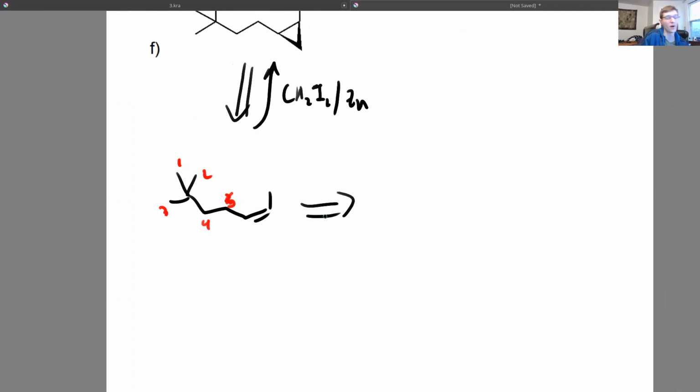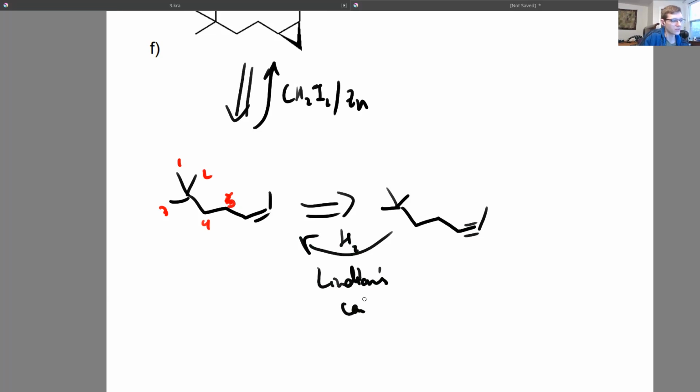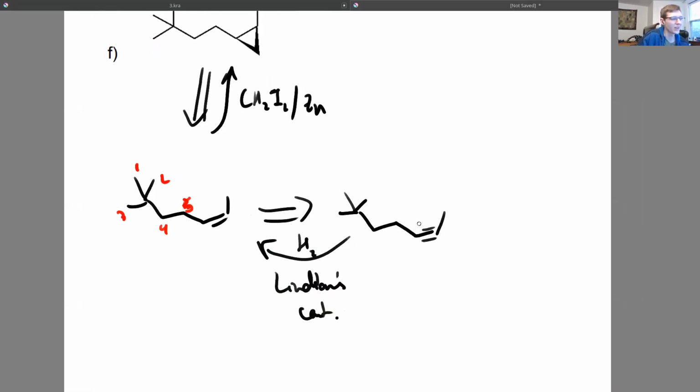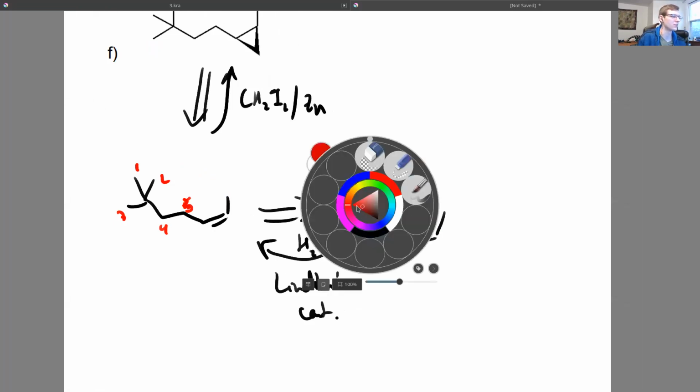Where could this double bond have come from? We could use the Lindlar's catalyst. Exactly. So H2, Lindlar's catalyst. Perfect.